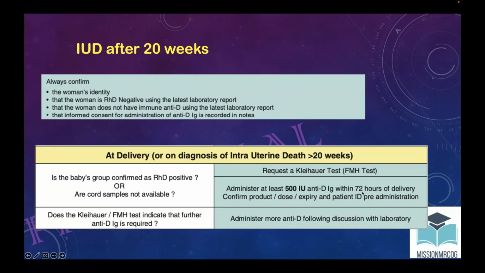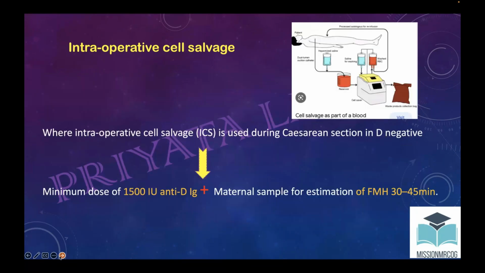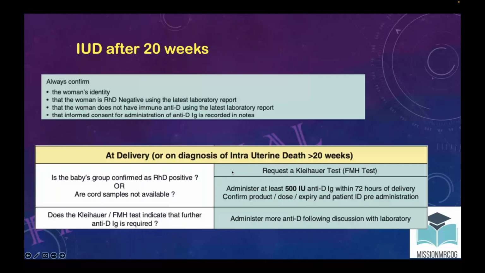Sorry, it is less than 20 weeks... no, it is more than 20 weeks at delivery or on diagnosis of IUD. If the patient has an intrauterine death and it is more than 20 weeks, it should be considered a sensitizing event.